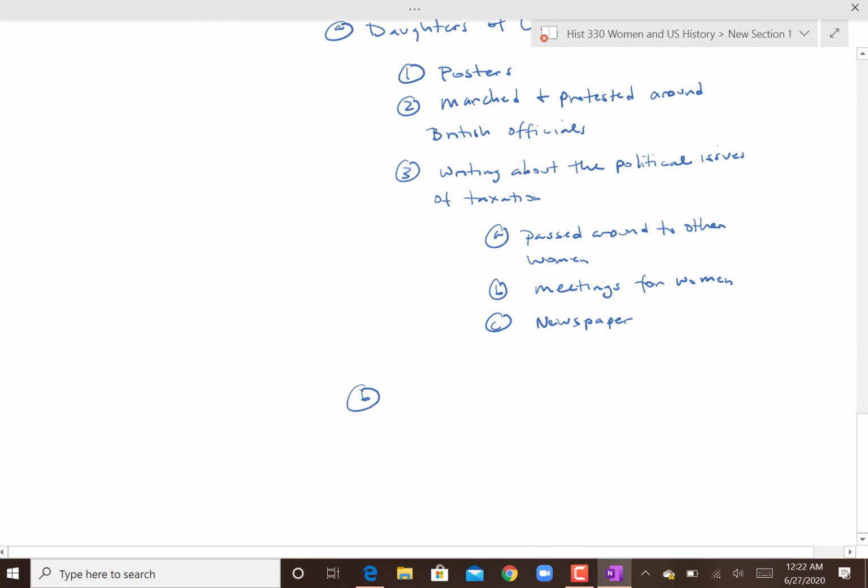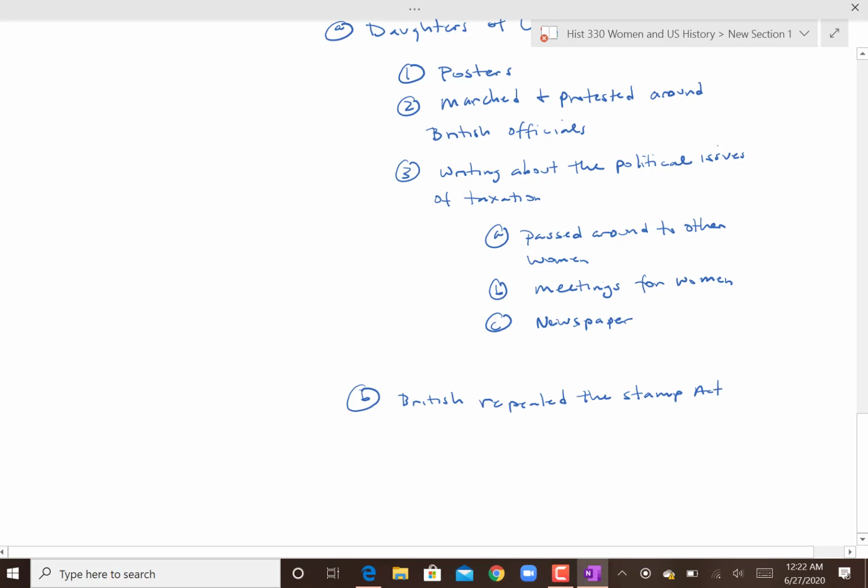The British repealed the Stamp Act, and this is important because the British are going to keep flip-flopping. They're going to be like, oh, we can do this, and then okay, fine, your protest, we'll take it away.